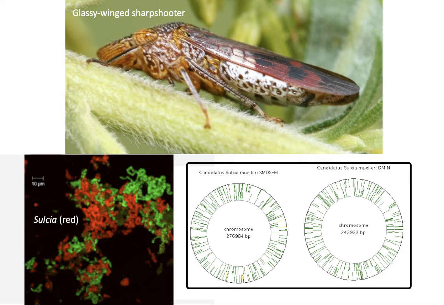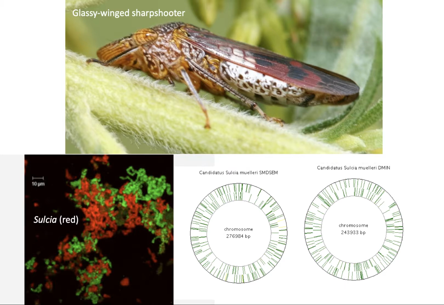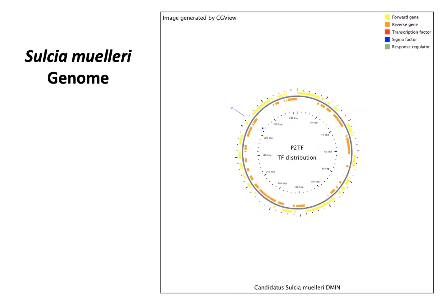As with Buchnera, the genome of Solsia varies according to which species of sharpshooter the Solsia is inhabiting, and so it can range from about 240 to up to around 280 or so kilobases for the genome size. Here's the genome of Solsia muelleri.